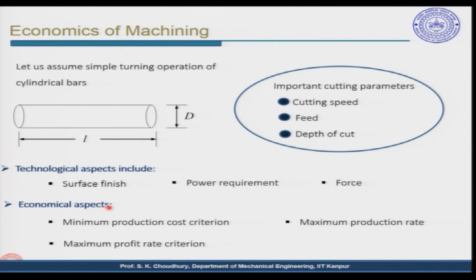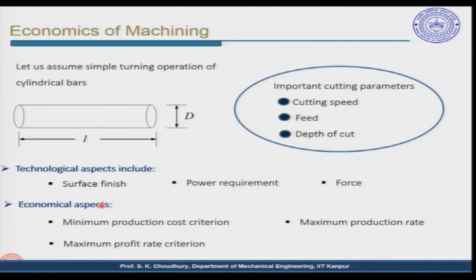But the economical aspects will be the minimum production cost criteria, maximum profit rate criteria, and the maximum production rate criteria. What I mean is that the important cutting parameters and the technological aspects, surface finish, power requirement, etc., we have already discussed.